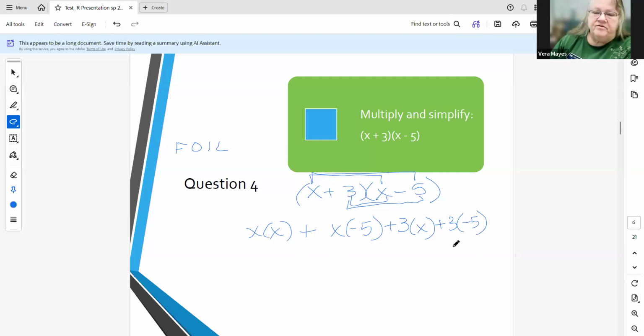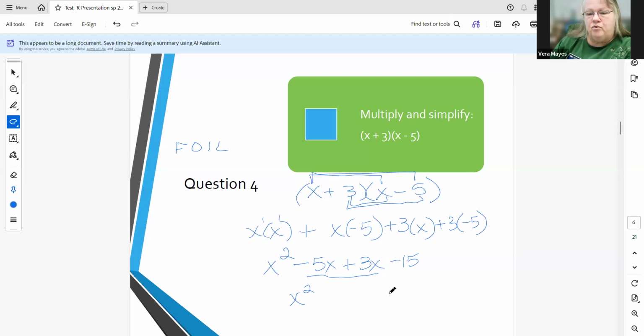And then we're going to go ahead and simplify each term, see if there's anything we can combine, and we'll be done. So x times x, remember when you're multiplying, you have the bases are the same. You add those exponents. Positive times negative. X times 5 gives us a 5x. We usually write the number before the letter. Positive times positive. See that? Positive times negative again. And I see that I have two like terms here.